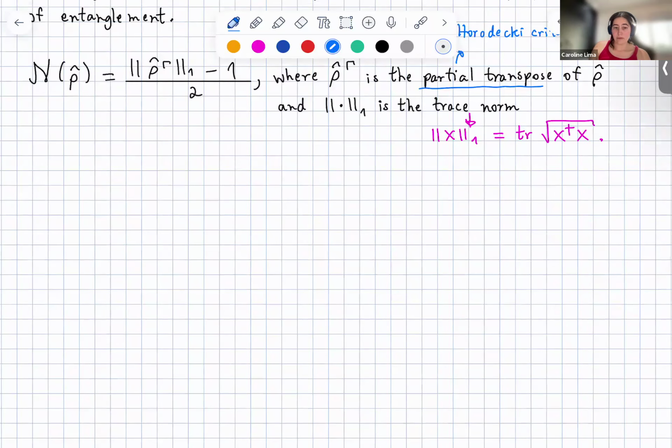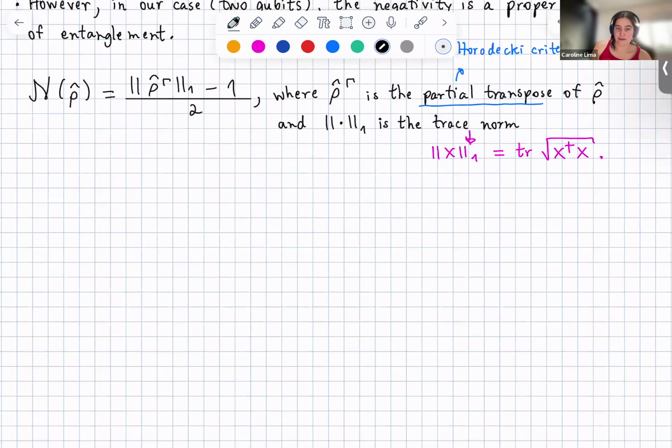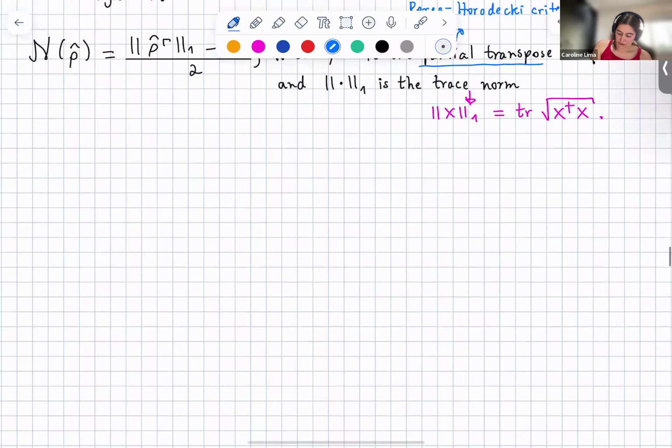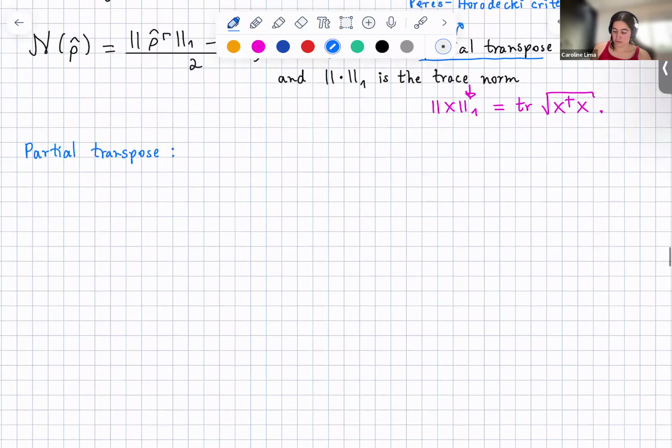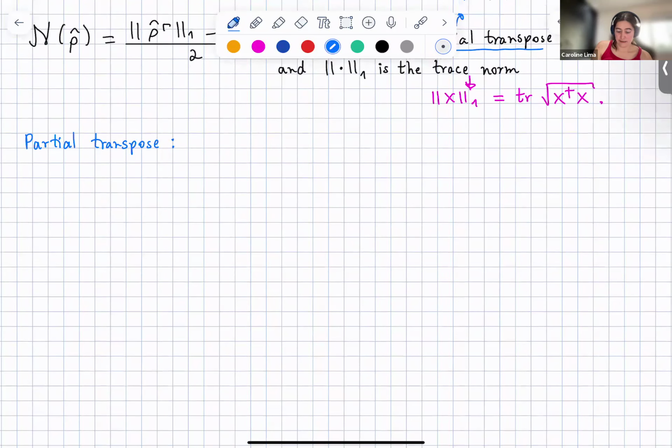So let's also understand what a partial transpose is, maybe. Let's just illustrate this a little bit. So there's the partial transpose. Let's say that you take the partial transpose with respect to the second system, okay?